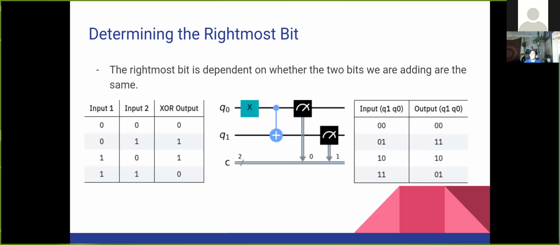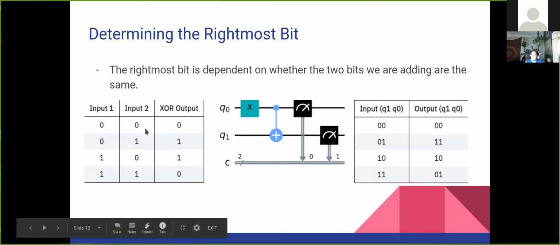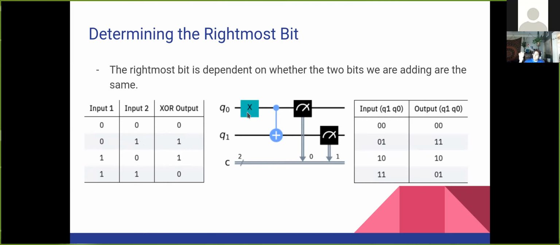If we look at just the output of an XOR gate, we can see 0, 0 gives 0, 0, 1 gives 1, and 1, 0 gives 1. Awesome. And 1, 1 was 0. It accomplishes the exact same thing. So this is the gate. It's going to be a NOT on the 0th qubit.